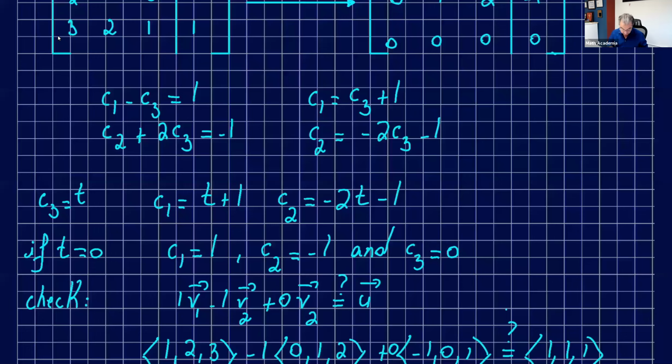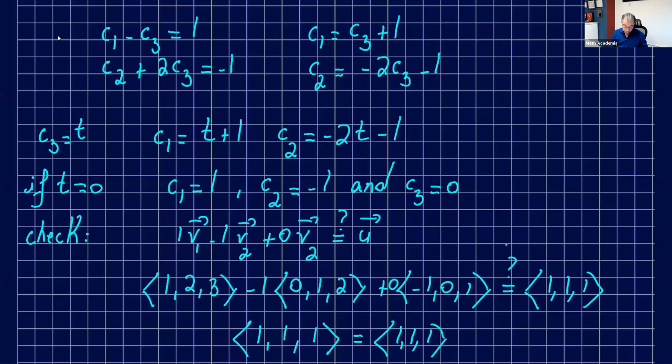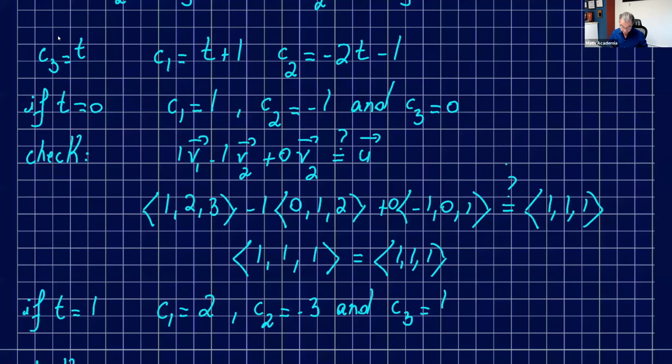Now let's try some numbers. I tried 2 of those. If t equals 0, then C1 is 1, C2 is negative 1, and C3 is 0. Let's check. 1 times V1 minus 1 times V2 plus 0 times V3, is that equal to U? All you have to do is substitute.